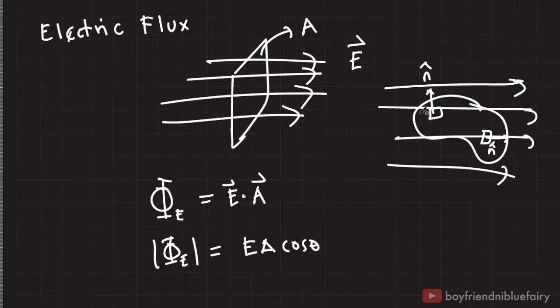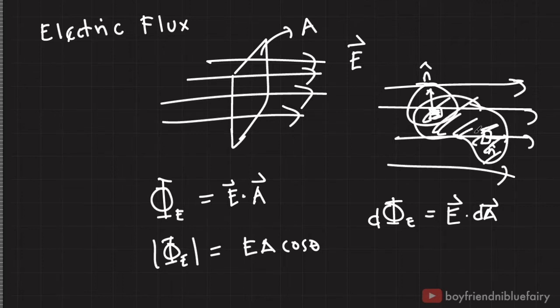The proper way to calculate the electric flux through this surface is by dividing the surface into infinitesimal elements and then calculating the dot product for each infinitesimal element. So for example, let's focus on this one. The flux at this small portion is equal to the electric field dotted to this small area vector. If we want to calculate the electric flux throughout this entire surface, then we just need to integrate both sides, and electric flux is equal to the integral of E dotted to dA.